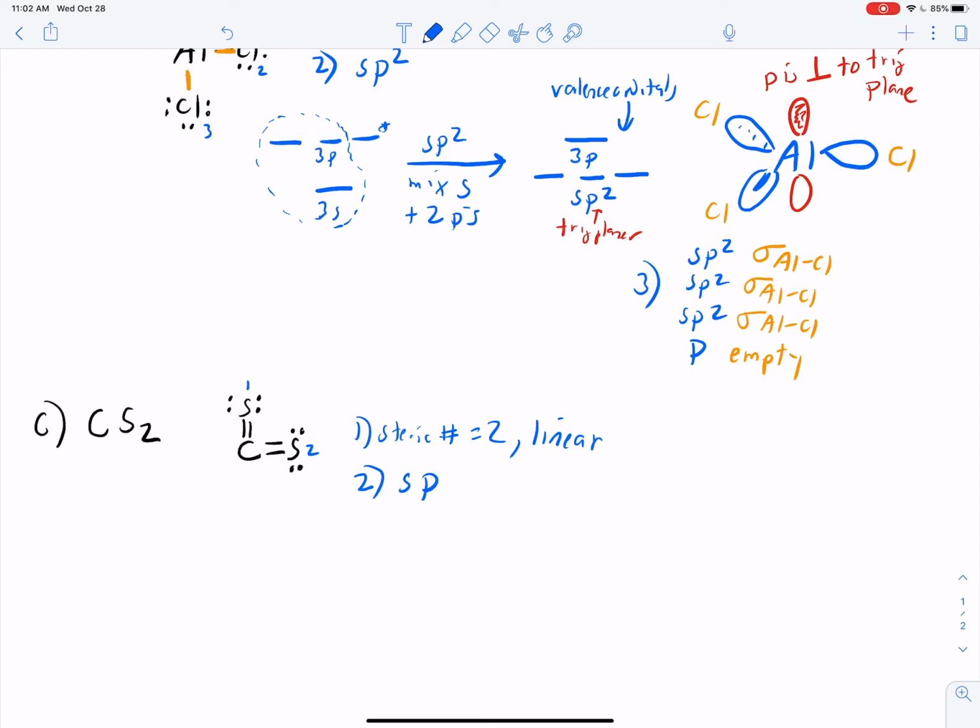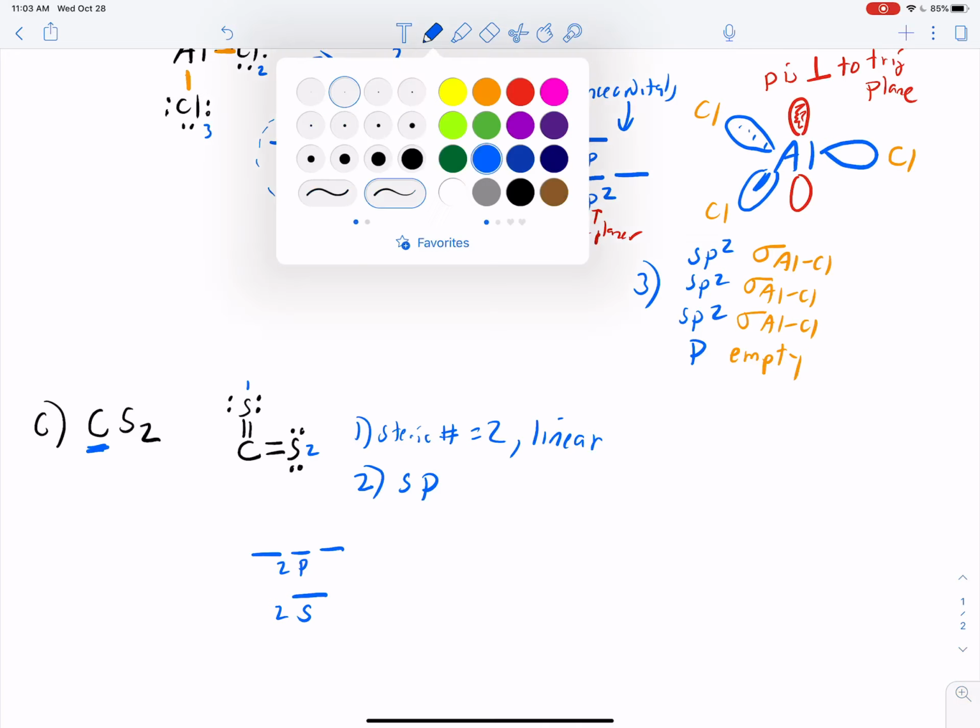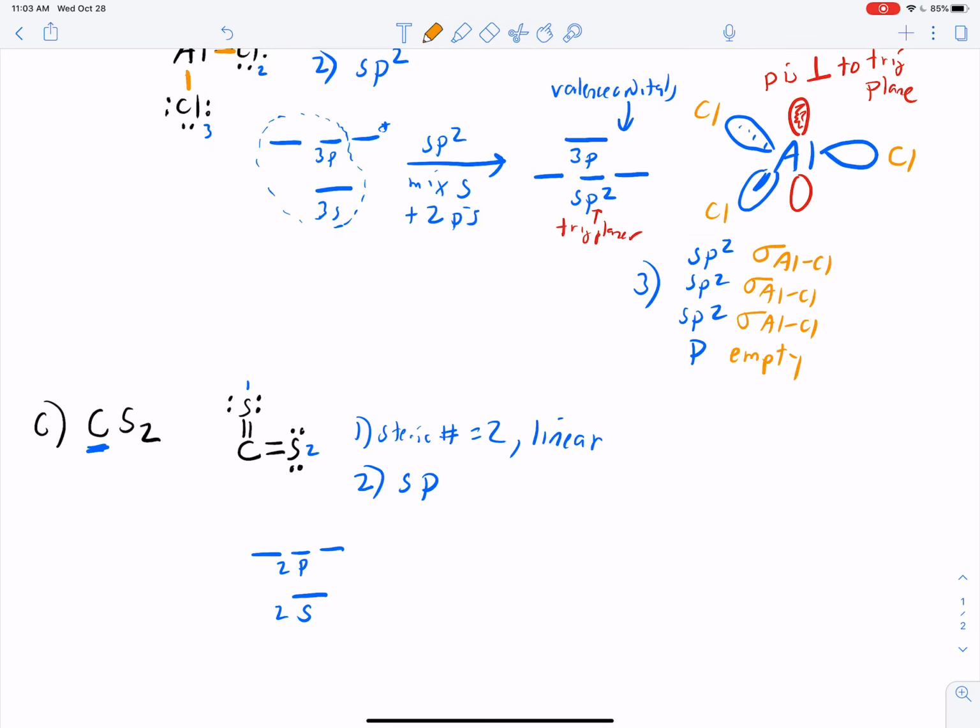I'm going to do the same exercise that I did up there just because it might be helpful. If I'm going to have an sp hybridization at carbon, and just to be clear, I'm focusing on the central atom when I do this analysis, I can have my 2s and my 2p valence orbitals. They're going to mix together. In this case, though, I'm going to mix not an s with 2 p's like I did above, but just an s with 1 p.